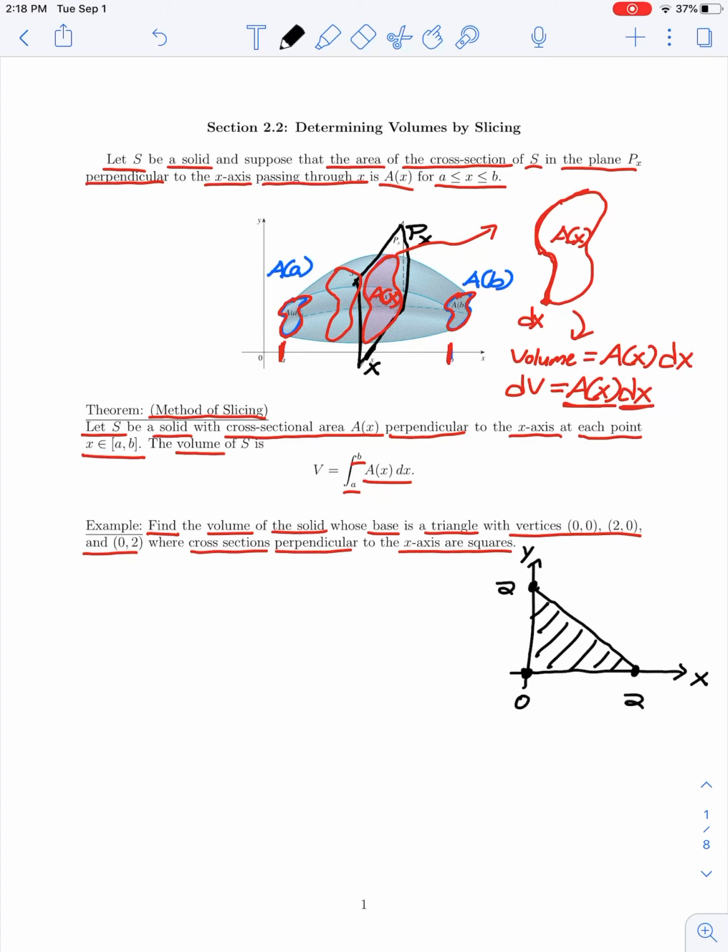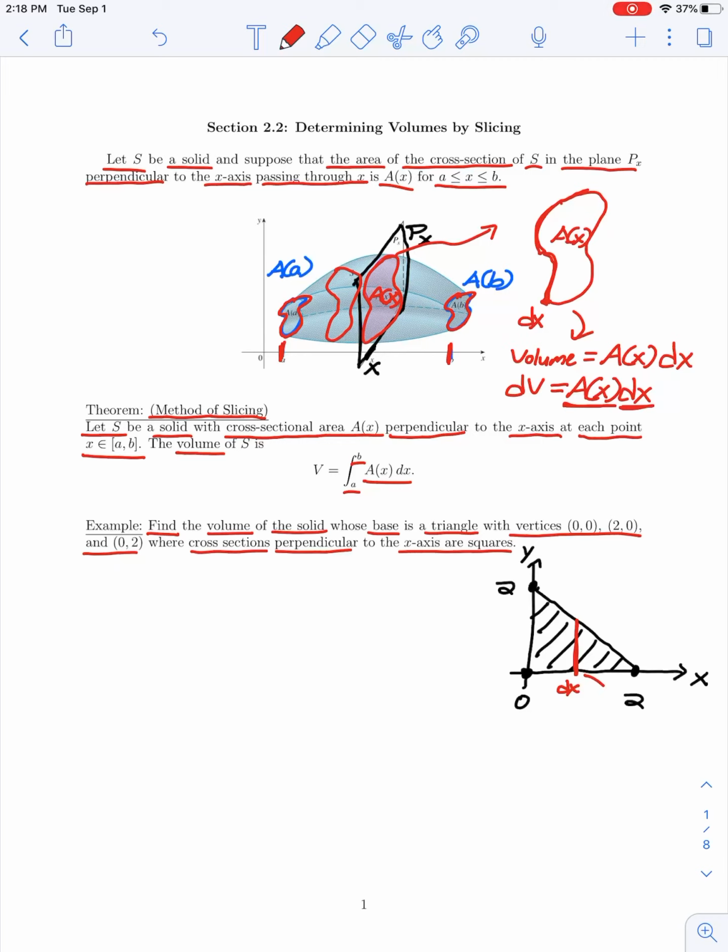So let's try to visualize a representative cross-section, or a little slice taken out of our solid. If I take a cross-section perpendicular to the x-axis, a little slice, and let's say that the thickness of that slice is dx, or a differential of x.